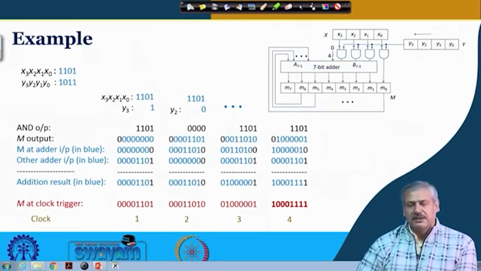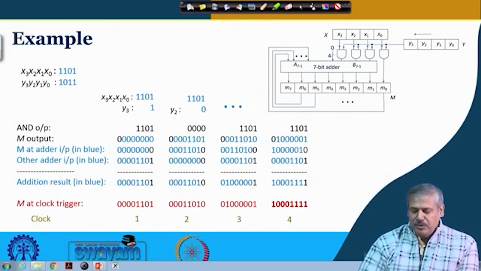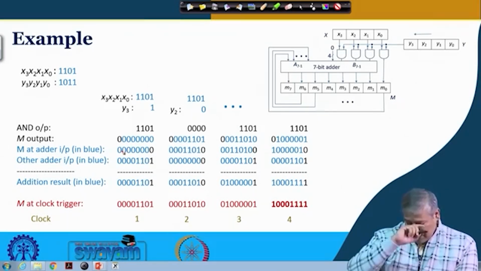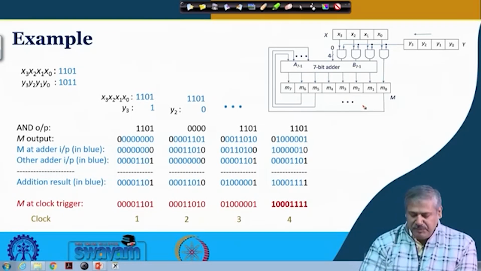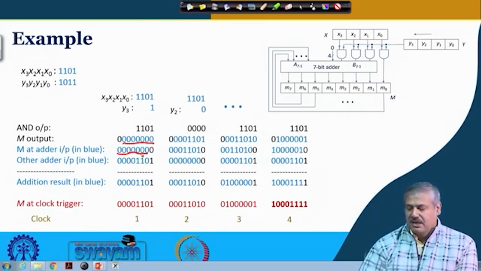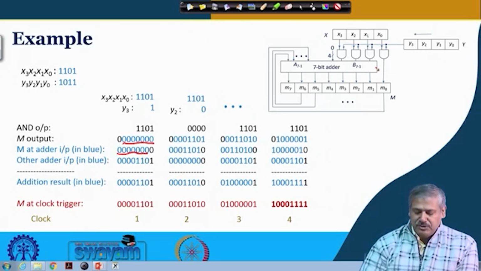M output initially is all zeros, and out of these 8 zeros, the 7 in the blue are getting fed back as the adder input. The other adder input is what?